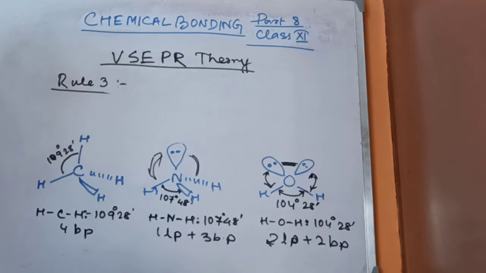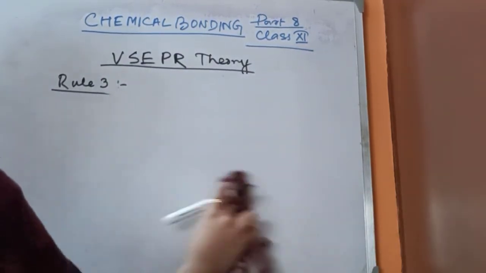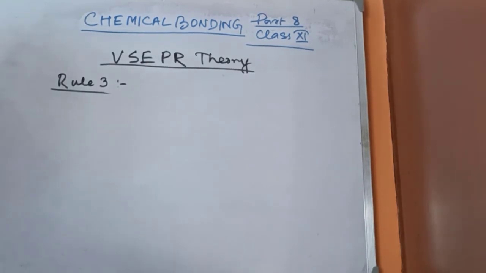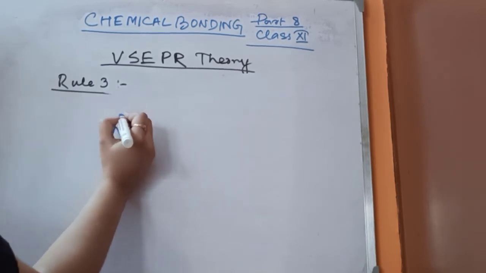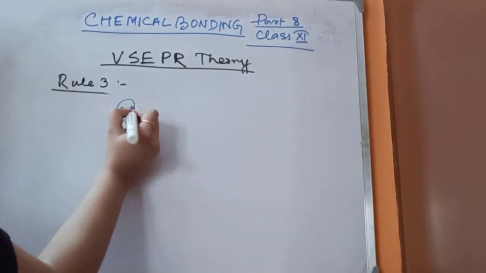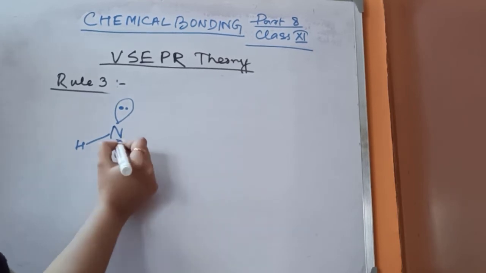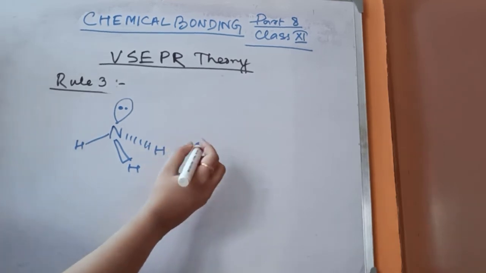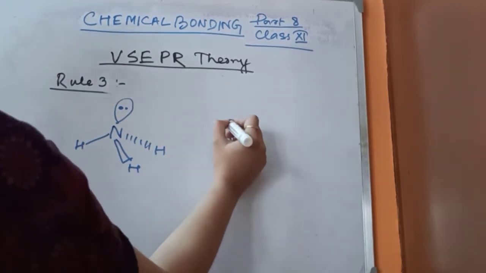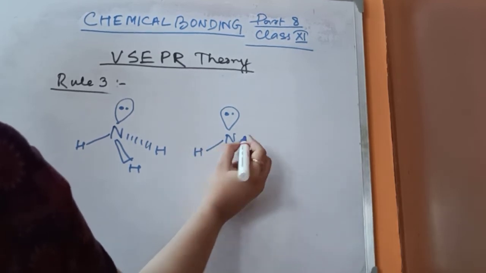These have become very clumsy. Rule 3 depends on electronegativity. I will compare between ammonia and nitrogen trifluoride.